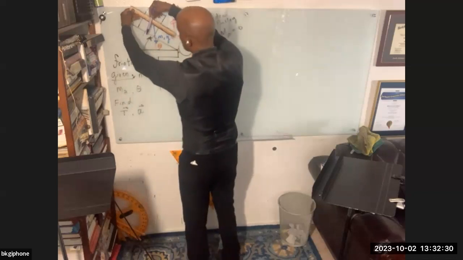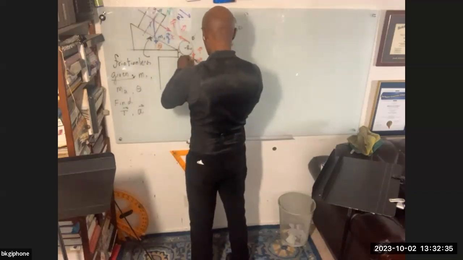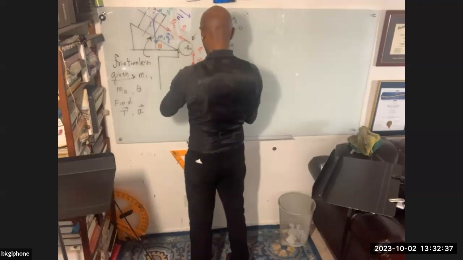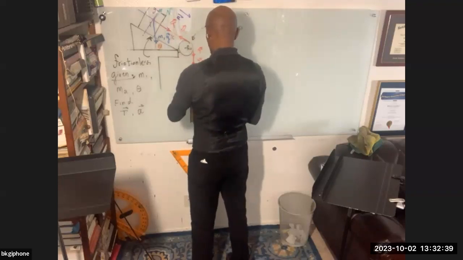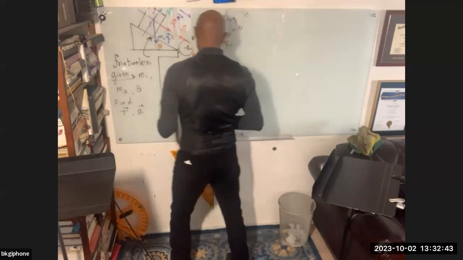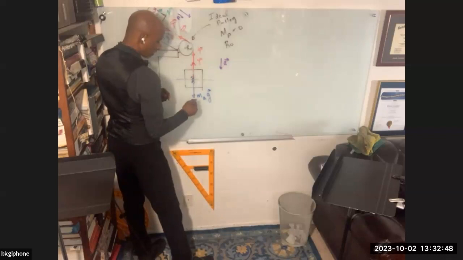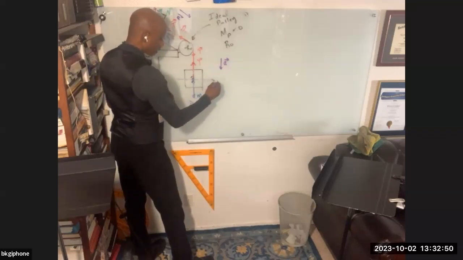So I just shift the axis over the plane like that, so that the box still has acceleration. Acceleration is a vector, so the magnitude and direction technically should be the same. So down here is the positive x direction, and this to the right is the positive y direction.